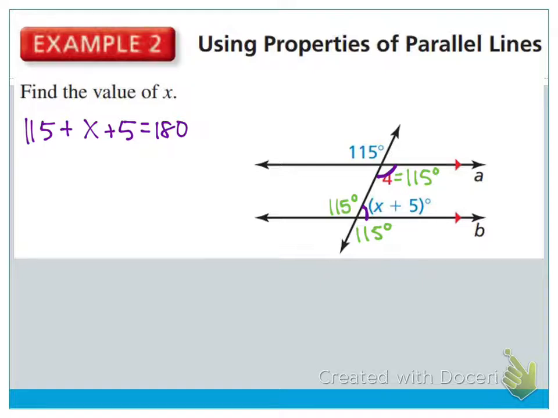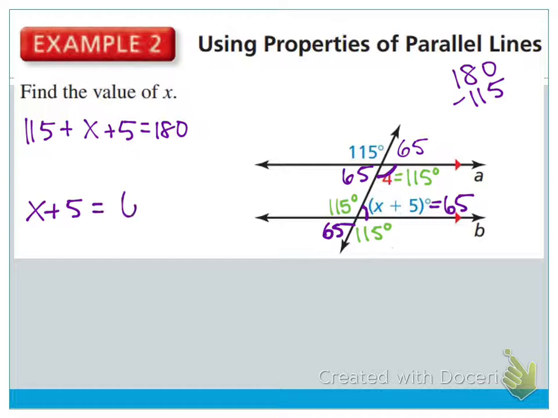Is there a way we could find out what all the missing angles equal? Subtract 115 from 180, that is option. So what is 180 minus 115? 65. So that means all the remaining angles are 65 degrees. So that means x plus 5 equals 65. Subtract 5 and x is 60.